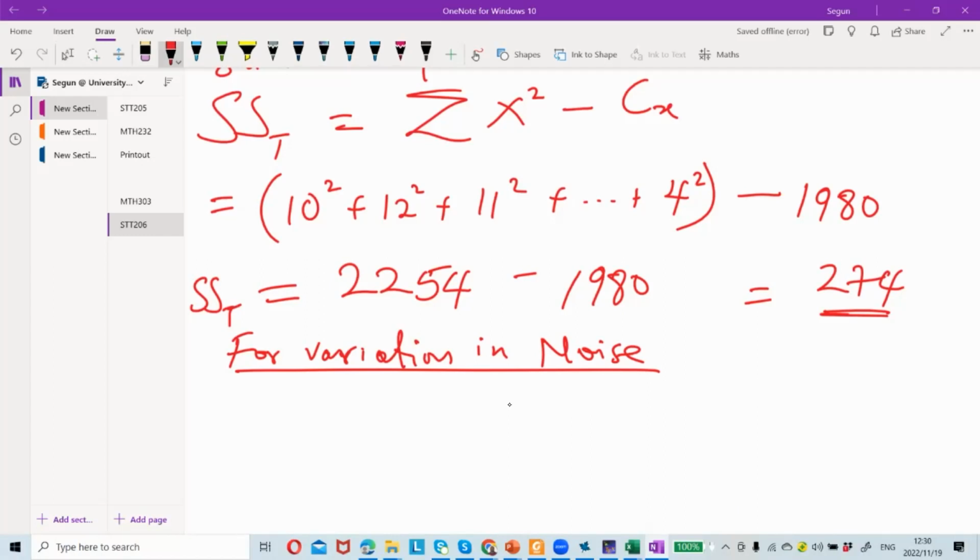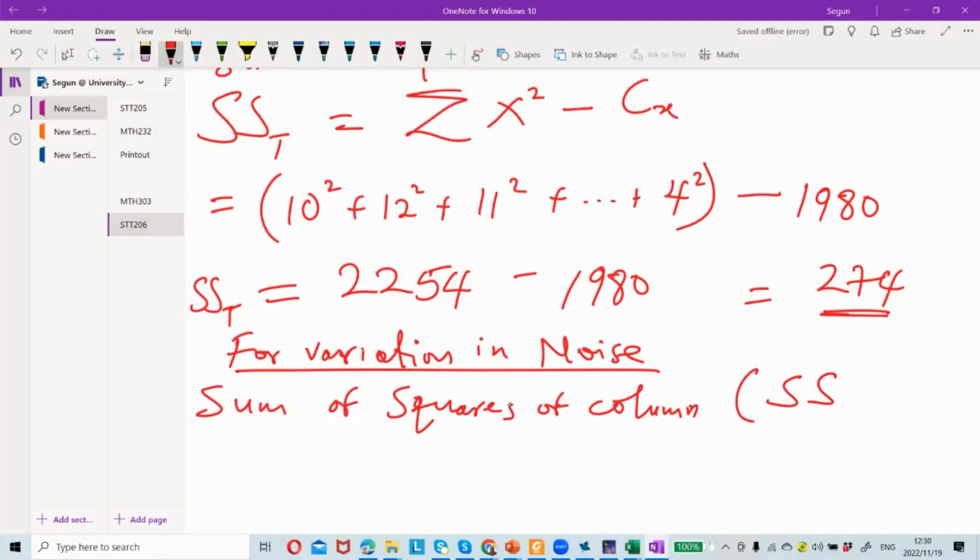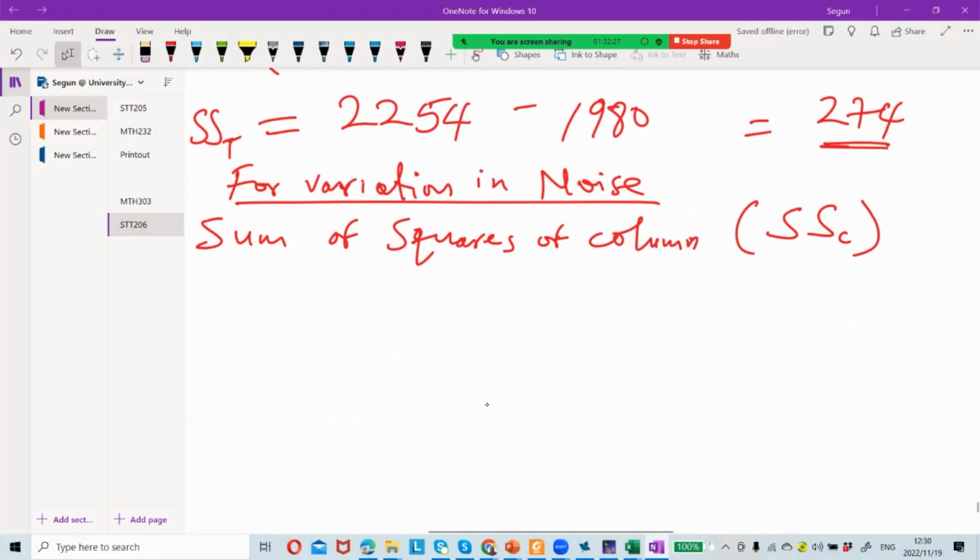Let's check. That is the sum of squares of column, which is SSC. Sum of squares of column.